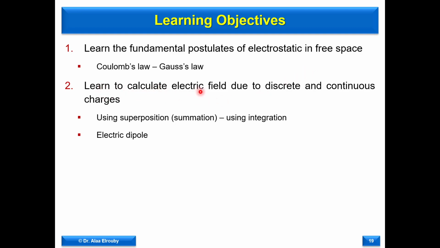We learned how to calculate the field due to discrete charges, like discrete point charges. We use the superposition. We applied this on the electric dipole. So in general, when you reach this point, you need to make sure that you learned what is written here. Thanks everybody, and meet you in the discussion session.